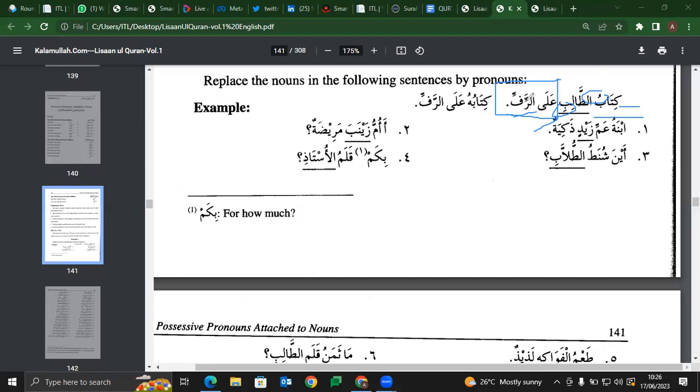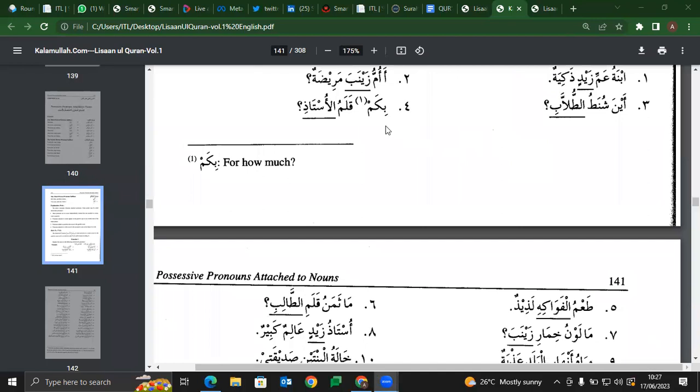So we have to be very careful. We have to first see all the principles that we already know, put them in the sentence, and then see what is correct. That's how I do it. Okay, let's go with number 4.